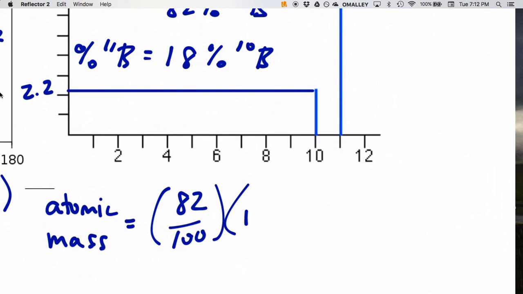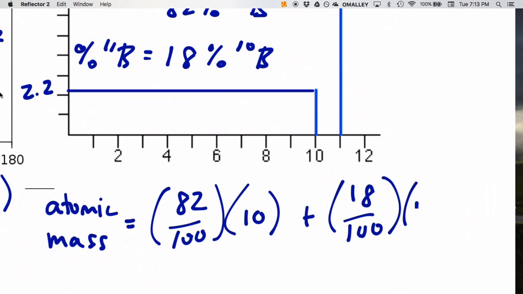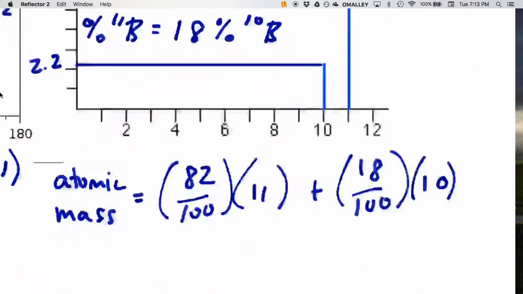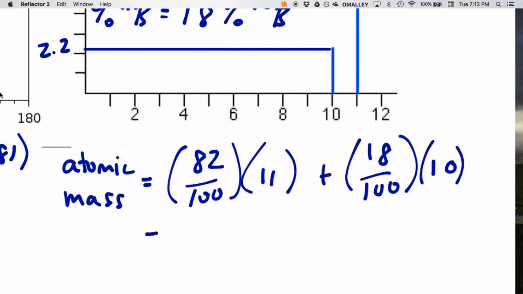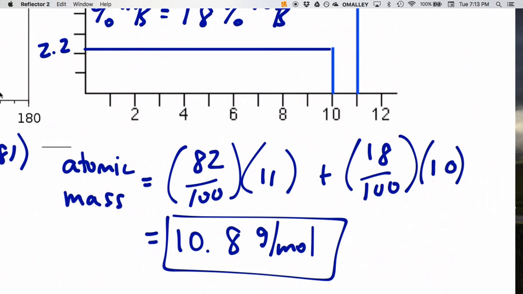So let's just fix that. Here we are. 82% boron 11, 18% boron 10. Yep, that's right. More boron 11. And that gives us 10.8 grams per mole, which is what we see on the periodic table.